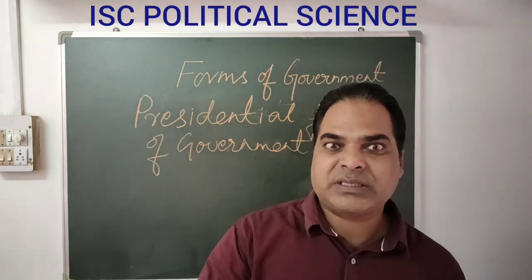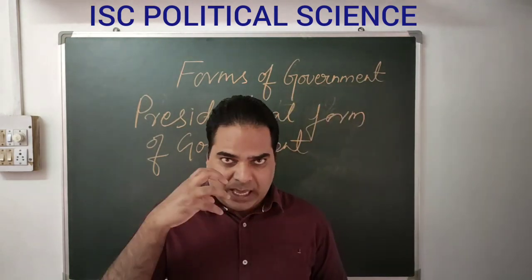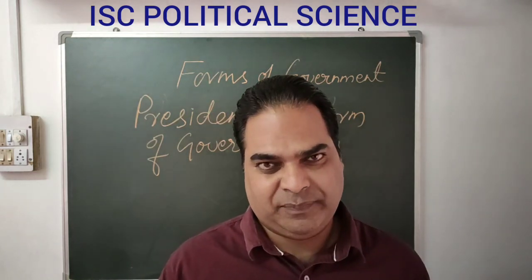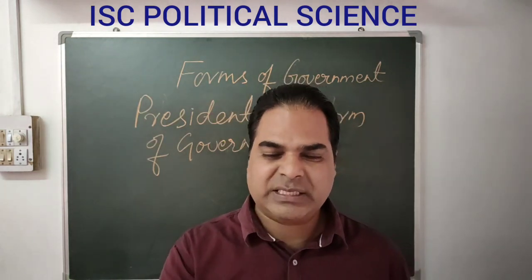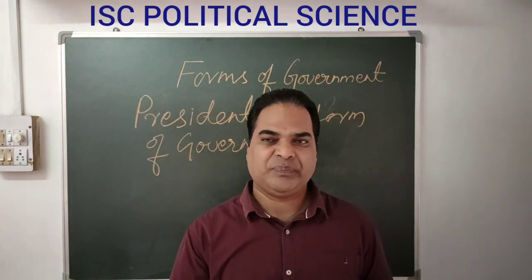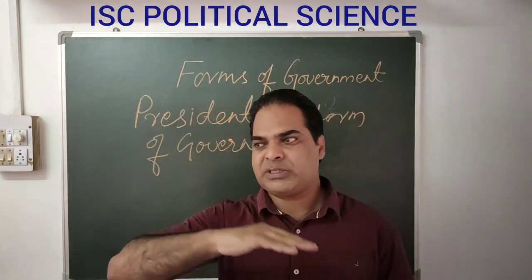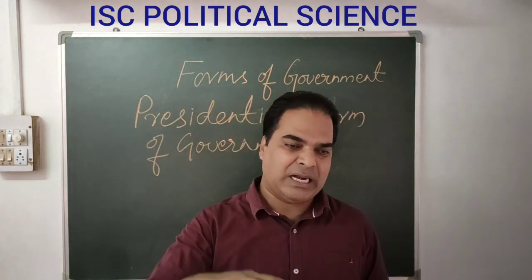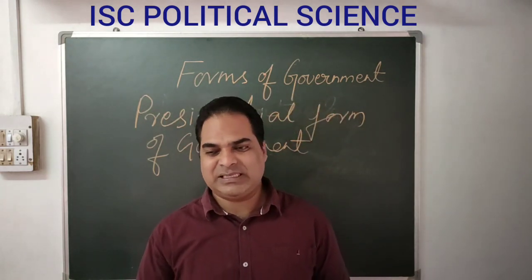In the previous section we discussed there is a very good relation between the legislature and executive, but here the legislature and executive have no close relations. The legislature is not responsible to the executive and the executive is not responsible to the legislature. I will discuss that in detail.